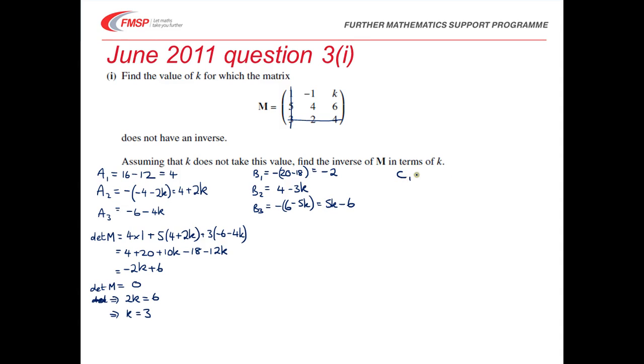And finally, dealing with the final column, C1 is 10 minus 12, which is minus 2. C2 is minus 2 plus 3, which is minus 5, and C3, 4 plus 5, which is 9. We know that the determinant of M is 6 minus 2k.